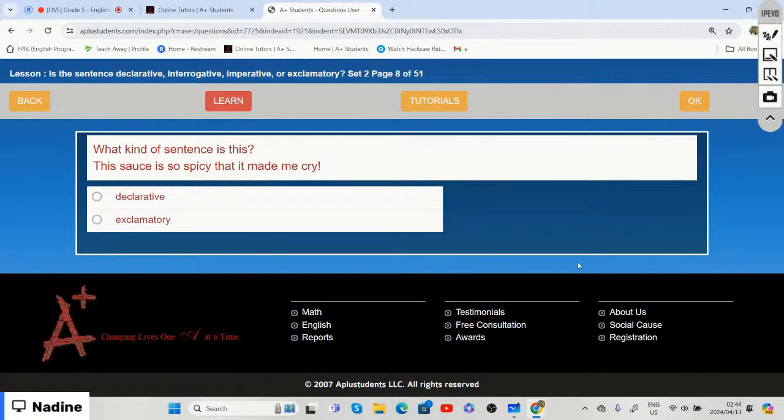All right, so we can say this is an exclamatory sentence. So well done. Not a declarative. Remember, declarative is a statement that is being made and it ends with a period. Right? Let's do the last one.